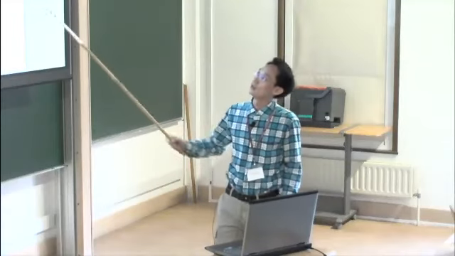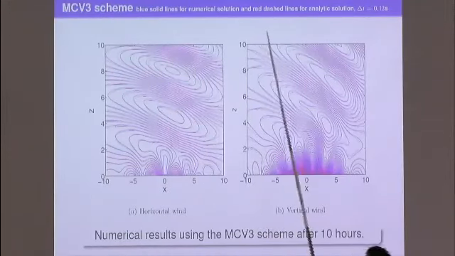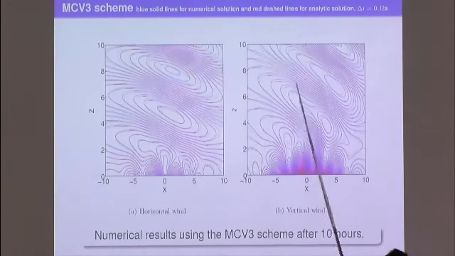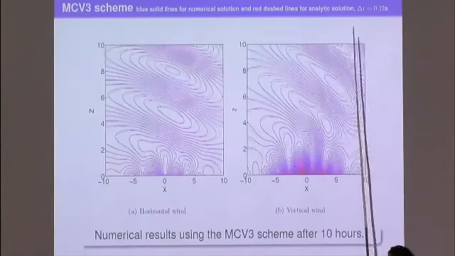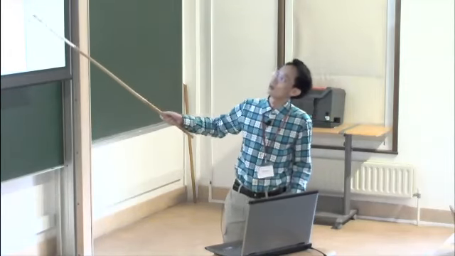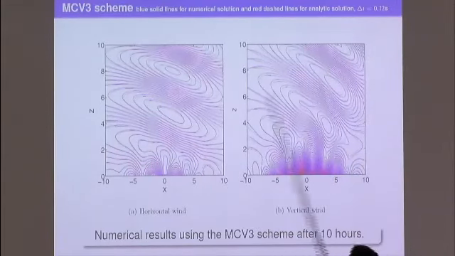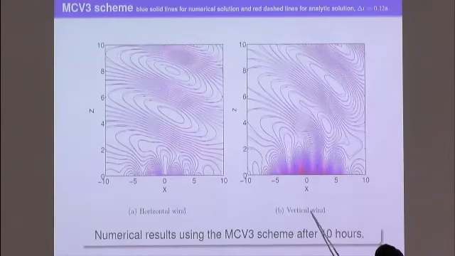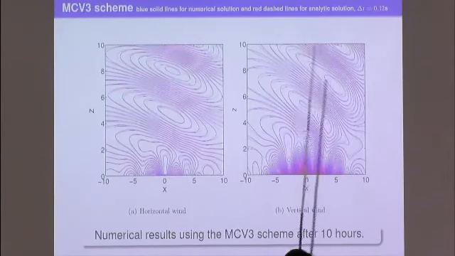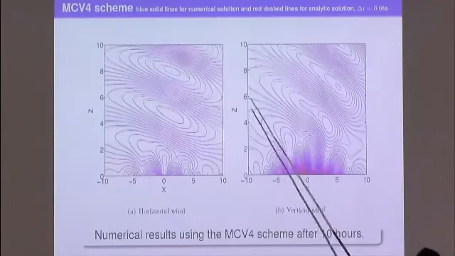The blue solid line shows our simulation result, and the red one shows the analytic solution. You can see our simulation result agrees very well with the analytic solution. This is horizontal wind, and this is vertical wind. This is the fourth-order scheme simulation result, very similar.